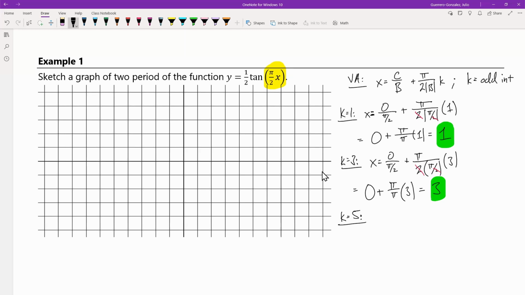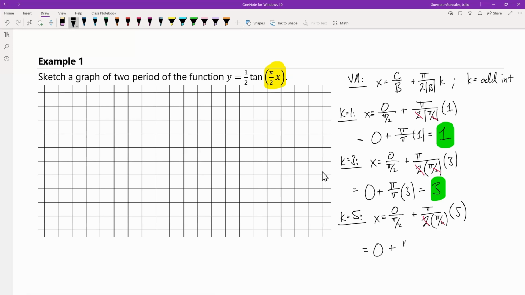Let's compute it. x is equal to 0 divided by pi over 2, plus pi divided by 2 times pi over 2 times 5, is equal to 0 plus, again, all of this work is becoming repetitive. Those cancel.